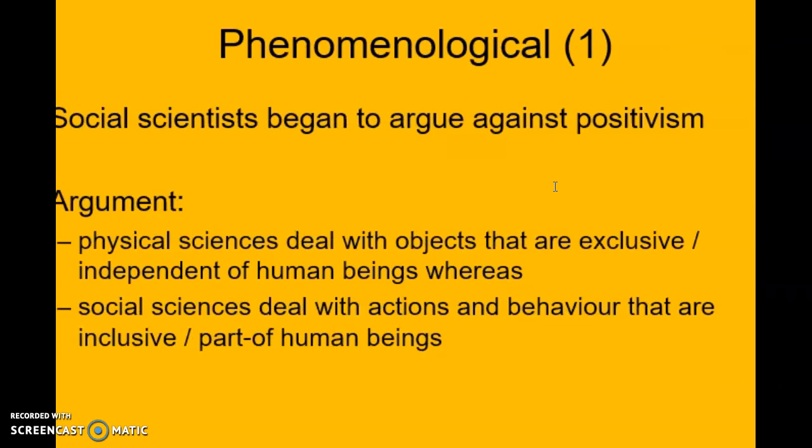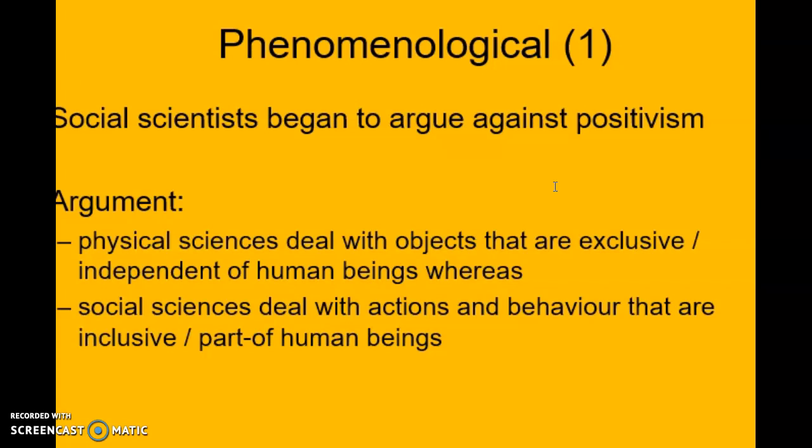The second research philosophy that is out there is called phenomenology. And so the phenomenological approach is adopted mostly by people in the social sciences, like sociology, social work, psychology, and all of that.